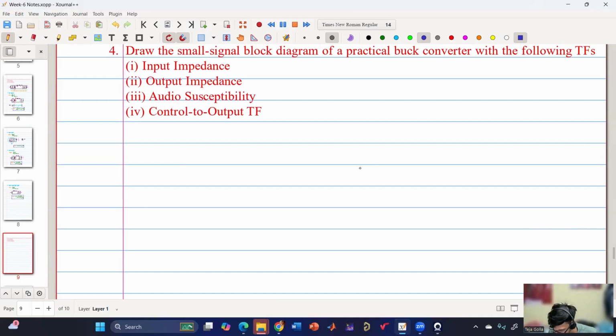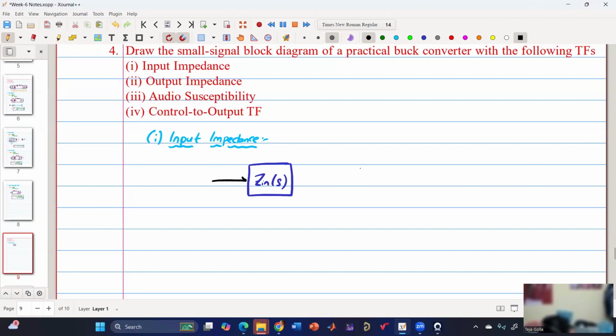So let us start with the input impedance. If we write the input impedance as a block, which is Z in of S, what will be the input and what will be the output?